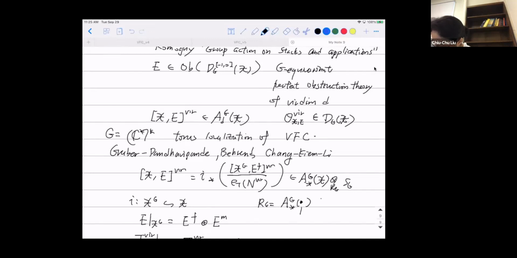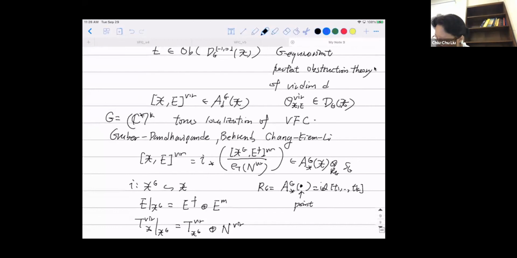By bullet, in the remainder of this talk, bullet is a point. And so R is a polynomial ring in k variables.